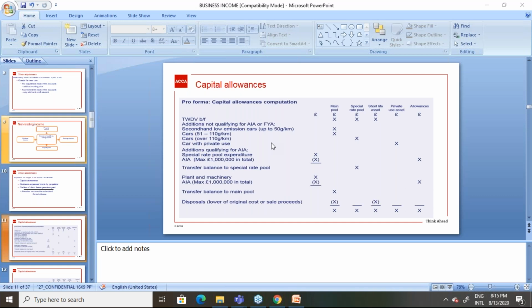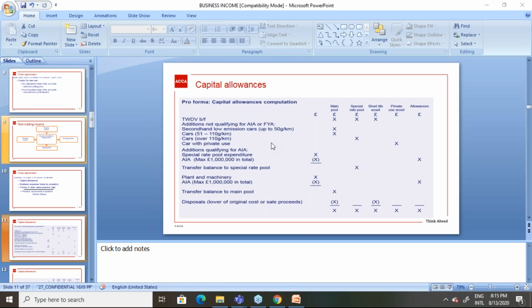If you have invested in plant and machinery worth 1 million during a particular tax year, then the full amount 1 million you can claim at once as allowable expenditure or as capital allowances. However, the annual investment allowance is not available on motor cars. On motor cars, you cannot claim annual investment allowance.